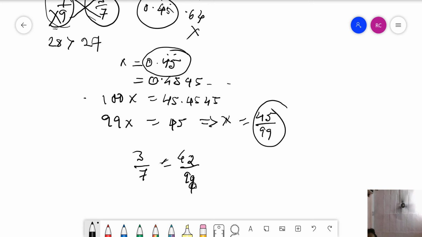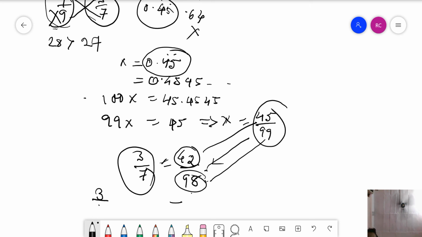If you compare, the denominator is just 1 less than 99, and the numerator is 3 less than 45. So this is definitely smaller than this. So 3 by 7 is the smallest.